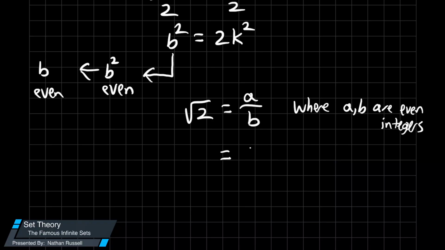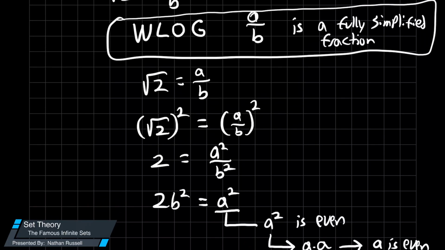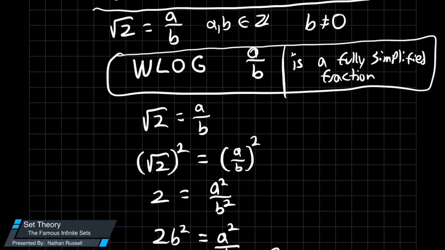So this means that a would be 2 times k sub 1, b would be 2 times k sub 2, where k1 and k2, with subscripts to show that they're different values, are in the set of integers. It means that we have a common factor, but we initially assumed that it would be fully simplified.